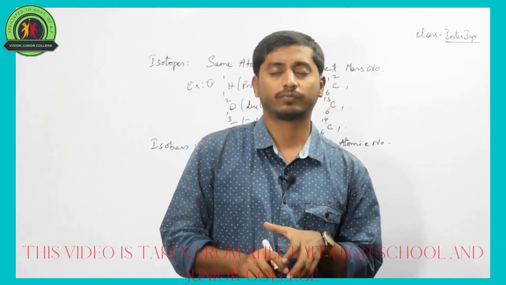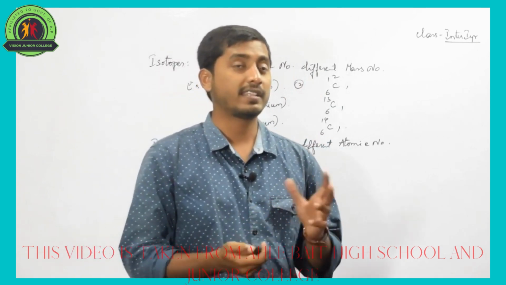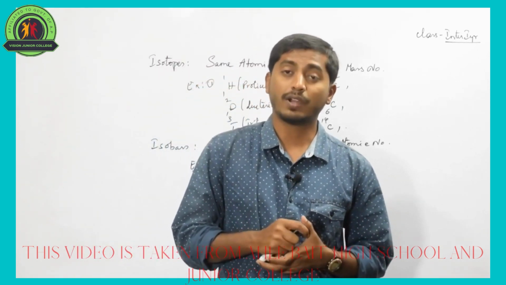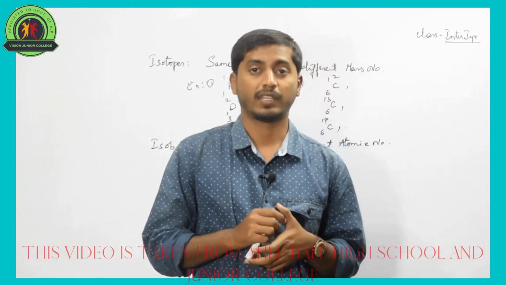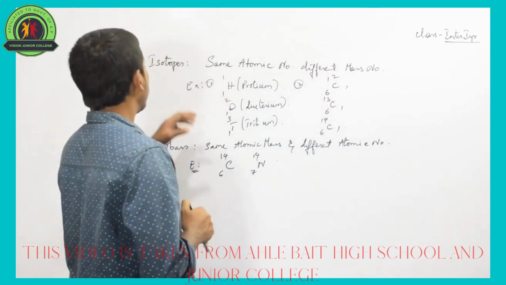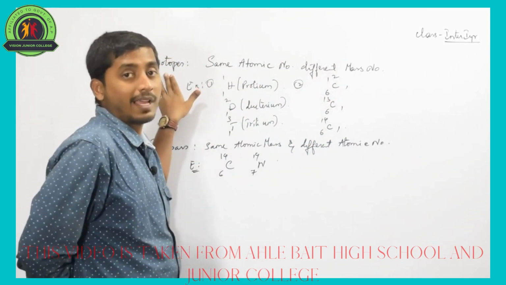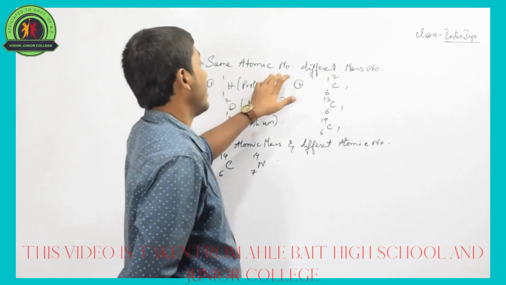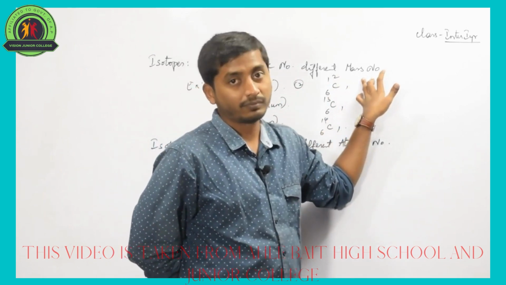What do we call two different atoms having the same atomic number and different mass number, and what do we call two atoms having the same mass number but different atomic number? Among them we define two things. The first is isotopes. Isotopes are two elements or two atoms having the same atomic number but different mass number.